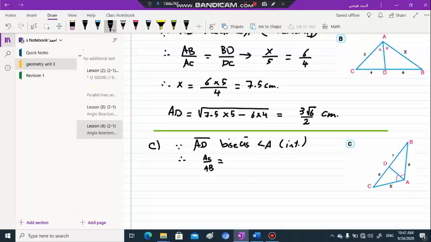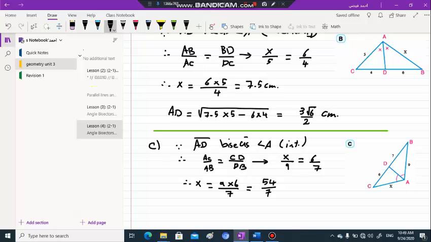I start with AC, so I will start with CD over DB. AC, which is x, over AB, which is 9, equals CD, 6, over DB, which is 7. So x equals 9 times 6 divided by 7. So it will be 54 over 7.